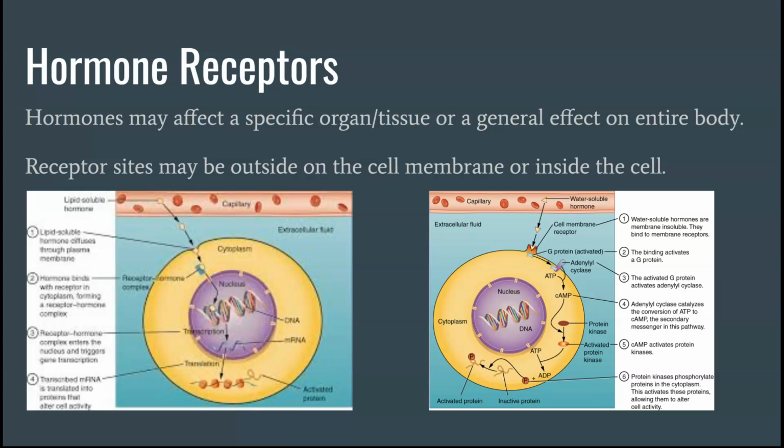But it also has the potential to have a general effect on the entire body. For example, cortisol, right? Cortisol is the stress response, so it can act on any organ or tissue in the body and produce its effects. Whereas insulin works specifically on the cell receptors to move sugar into the cells.